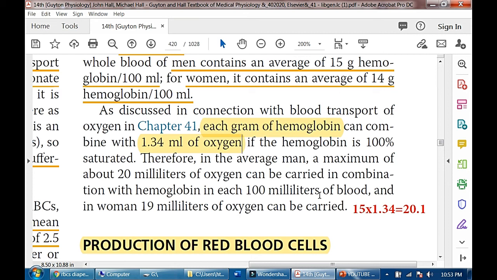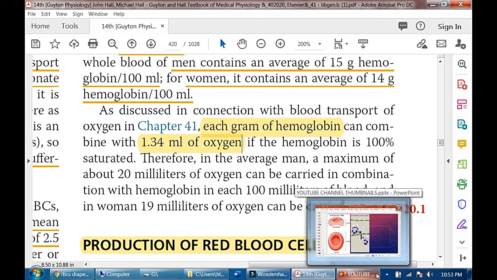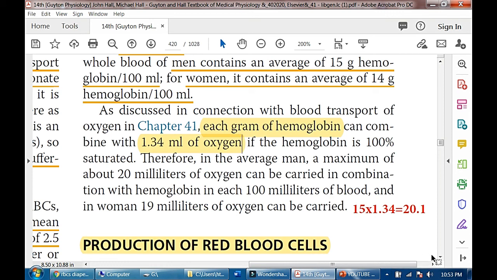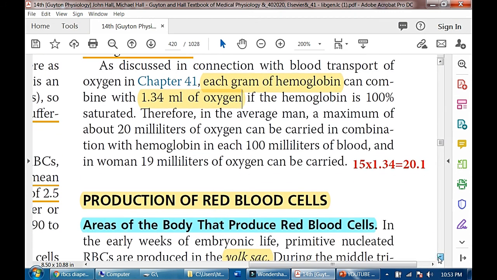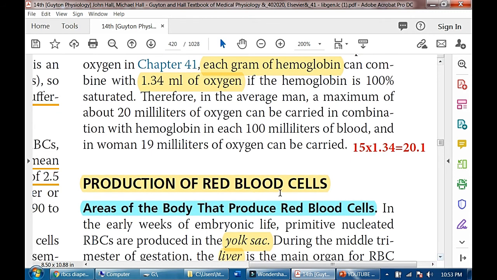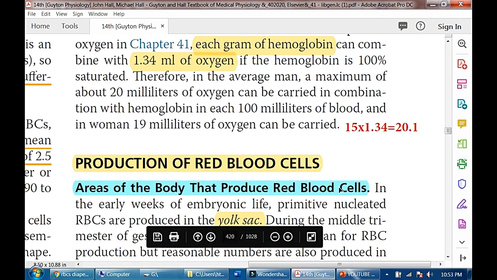So we multiply 15 by 1.34, because 1 gram hemoglobin combines with 1.34 ml of oxygen. In the male person there is 15 gram of hemoglobin, so when we multiply 15 by 1.34, we get 20 ml of oxygen carried by the male person, and 19 ml of oxygen can be carried in women.